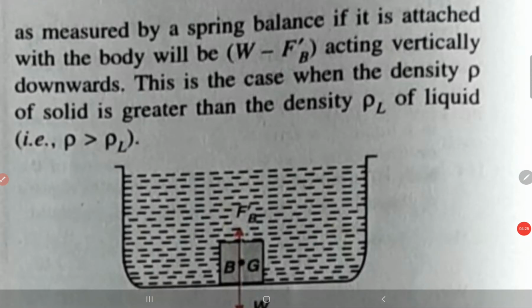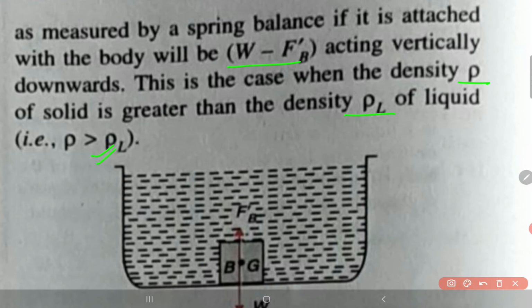Here W is the total weight of the object, minus the upthrust acting vertically upwards. This is the case when the density rho of the solid is greater than the density rho L of the liquid. We have proved this also, if you remember.